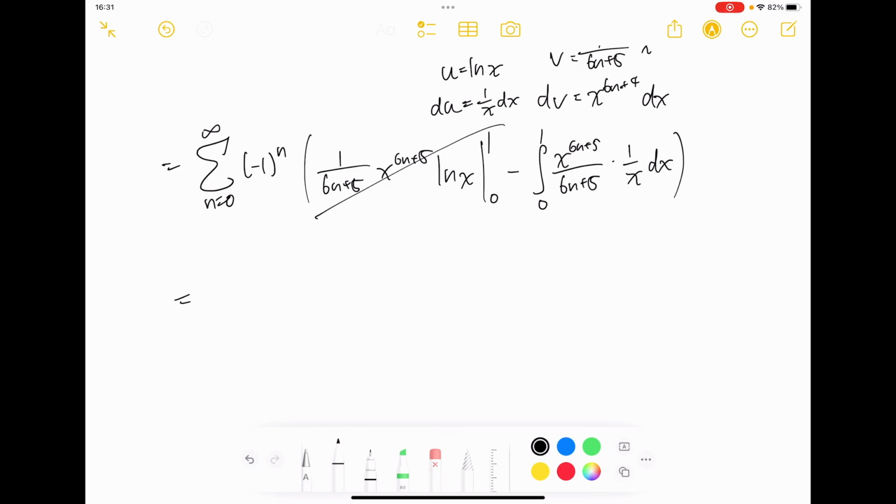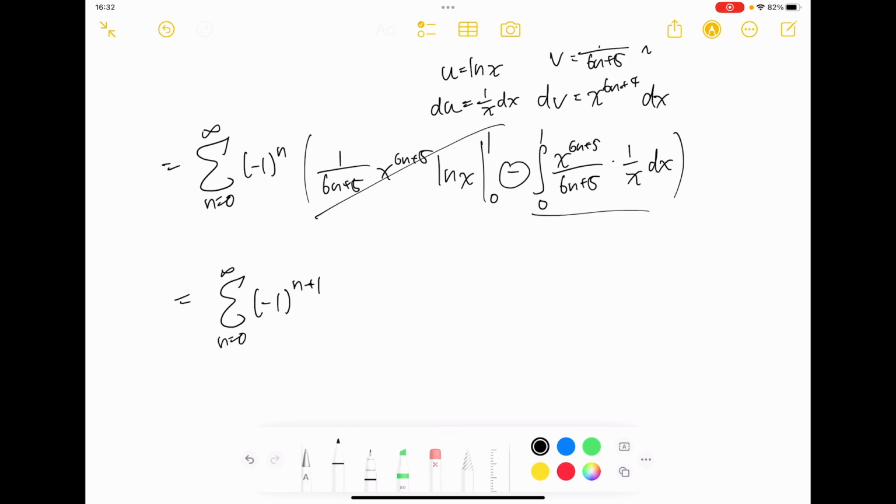And we will be left with this integral. So let's write this down first. And because we have a minus sign here, I'm just going to add 1 to the exponent here, just so that we don't have the minus sign to worry about. And so what is this integral?